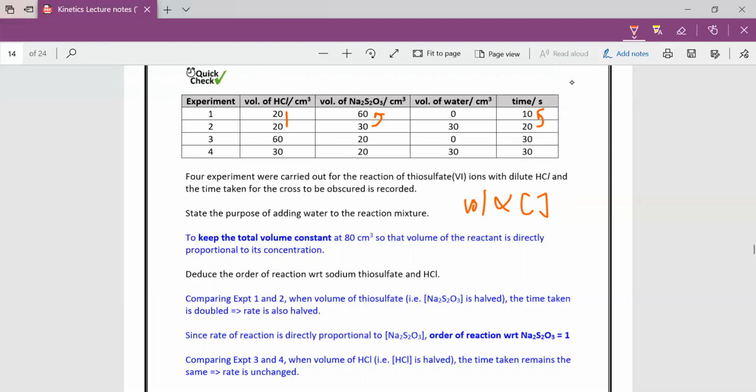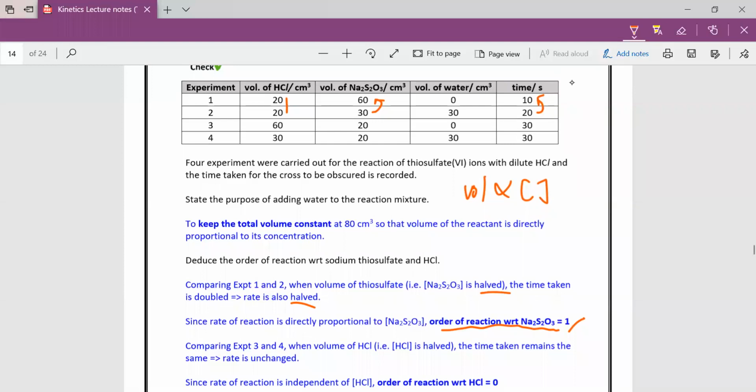So my explanation is from comparing 1 and 2, so we're comparing it downwards. Nonetheless, the order of reaction with respect to thiosulfate is 1, because when the concentration doubles, the rate also doubles. When the concentration is halved, the rate is also halved.